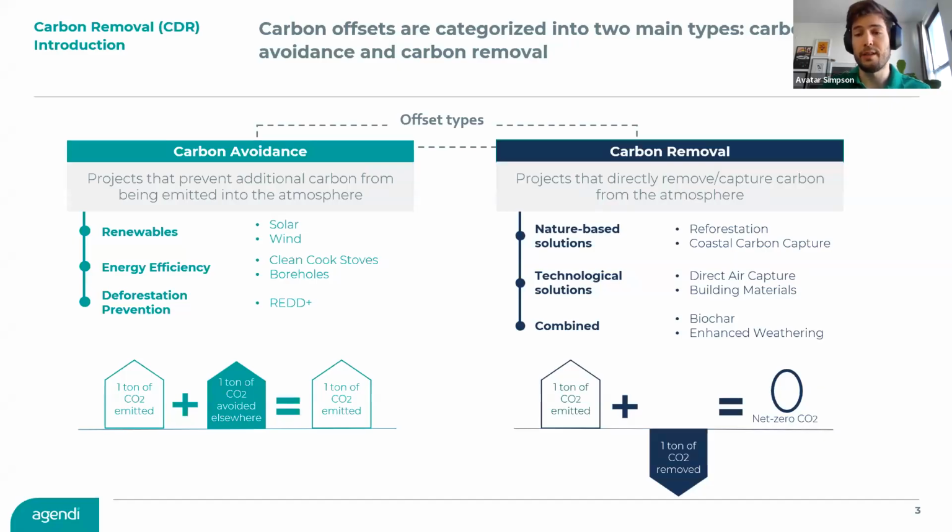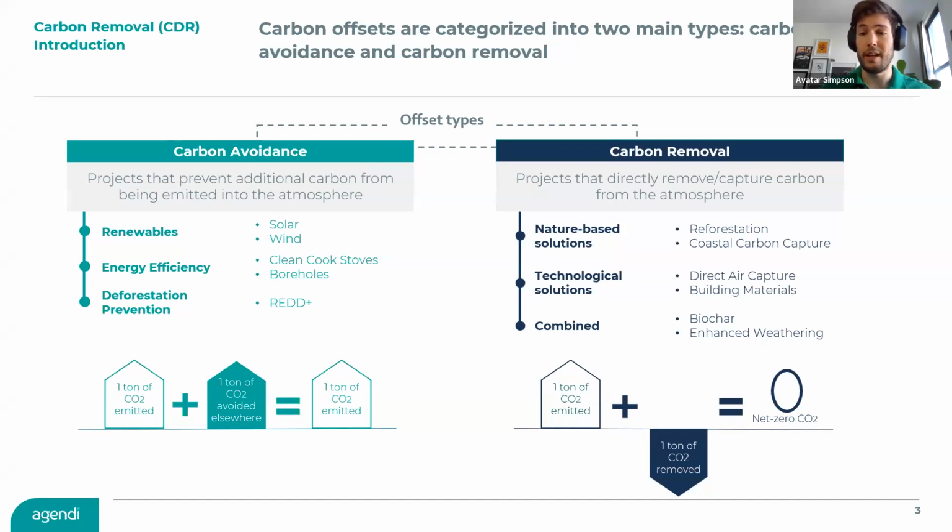So to begin, we want to differentiate between carbon removal credits and carbon avoidance. Carbon avoidance credits are from projects that prevent additional carbon from entering the atmosphere. These can include projects such as renewable energy projects that replace fossil fuels, as well as deforestation prevention. Removal credits, on the other hand, directly remove or capture carbon from the atmosphere, and they can be anything from reforestation to biochar to direct air capture.